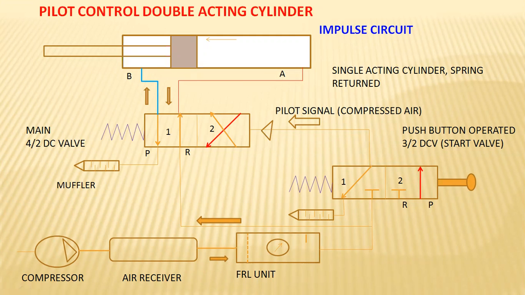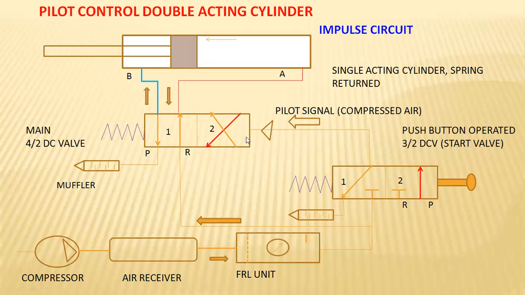So at that second position, the compression will be getting created. Here in this DCV, when external force or pressure has been applied, the compression will be created in the spring, causing the motion or allowing of the compressed air.